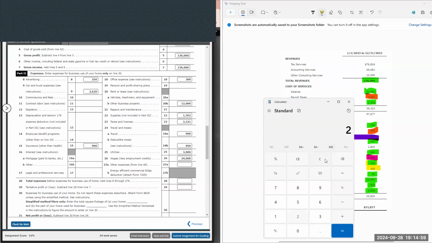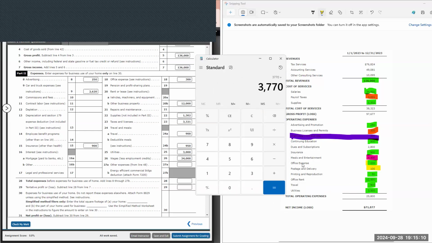So we have $250 for advertising, $2,260 for car and truck, $900 for insurance, $300 for office expenses, which represents the $200 in office expense plus the $100 of postage and delivery, plus $12,000 in rent, plus $1,302 for supplies.